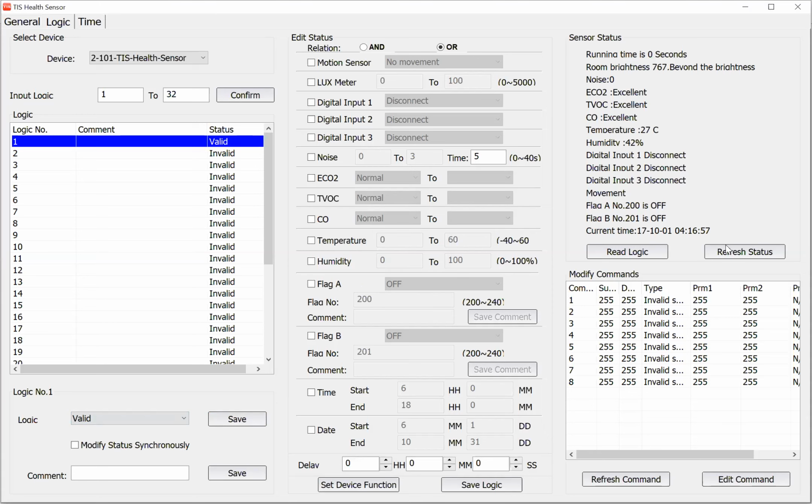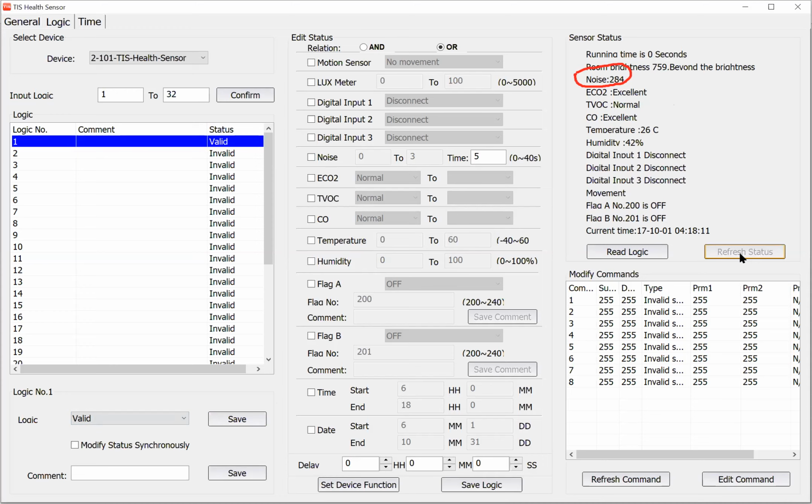For example, now I'm silent, and I'll refresh the status of the health sensor. Look at this parameter when I'm talking and when I'm silent, please. When I'm talking, the noise changes.